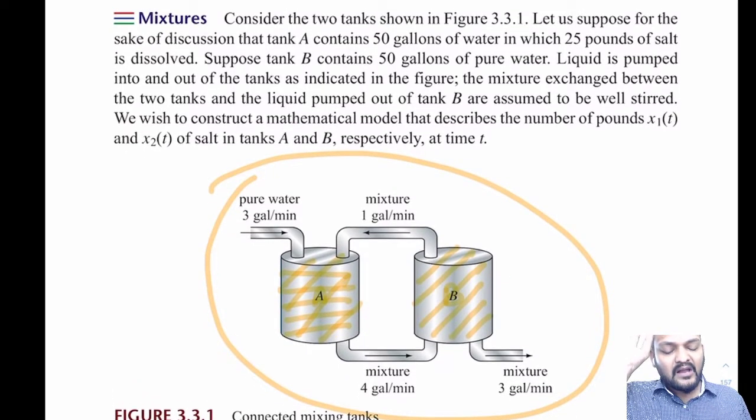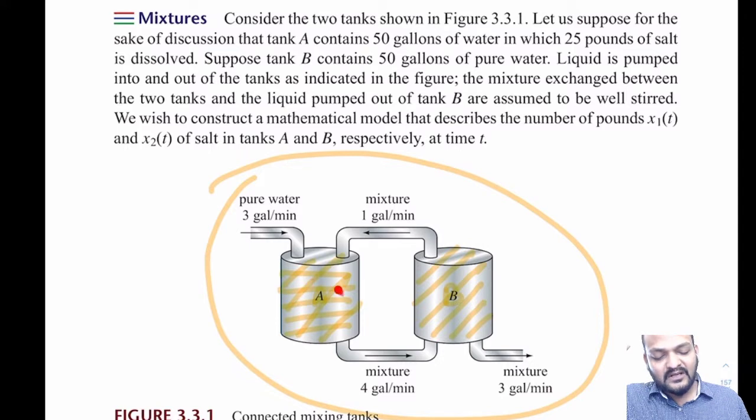So now we are going to model this, right? What is changing in these tanks is the amount of salt. This one has 25 pounds of salt initially, and this one has no salt. We are adding pure water, which is going to dilute the mixture.